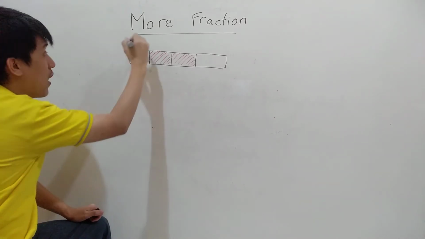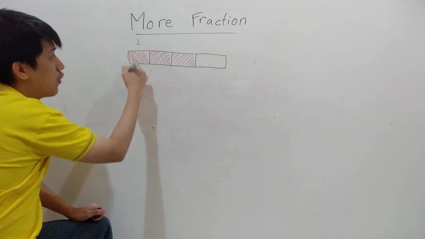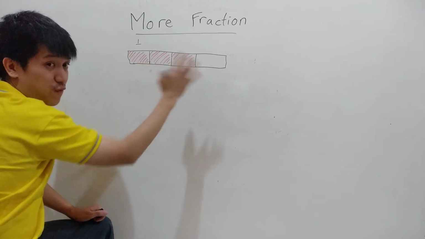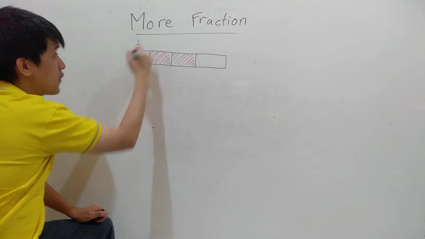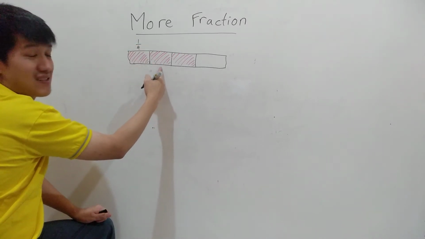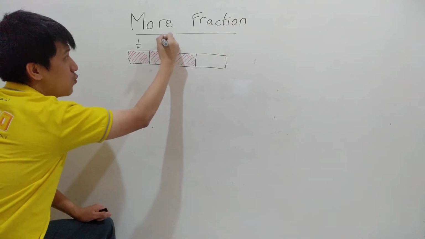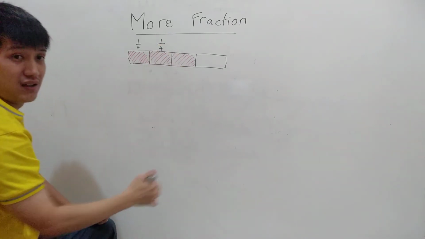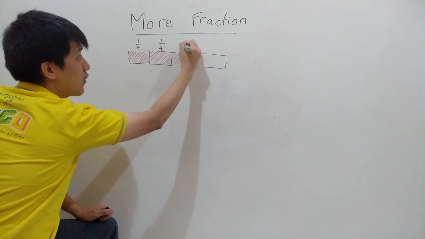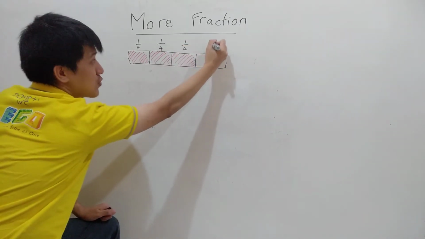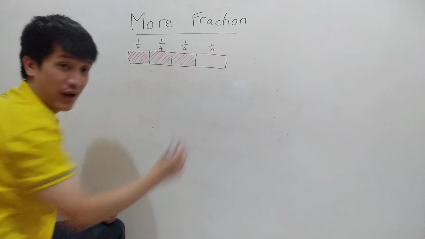This part is only 1 out of how many equal parts? 4. So this is 1/4. How about this middle part? What fraction is this? This is only 1 out of 4 as well. This is also 1 out of 4, and the last part also 1 out of 4, right?